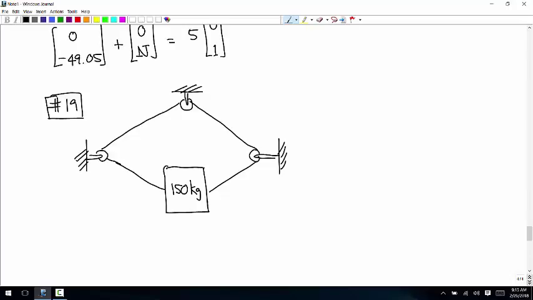And it doesn't give you a lot of information about locations and stuff, which seems like you need all that stuff. The only thing it gives you is the angle here and the angle here.